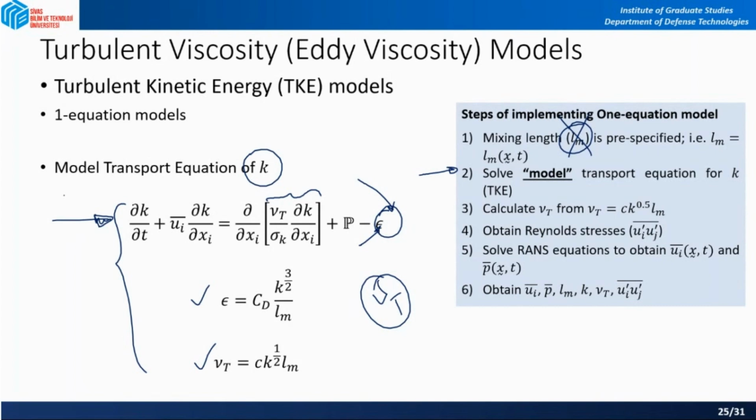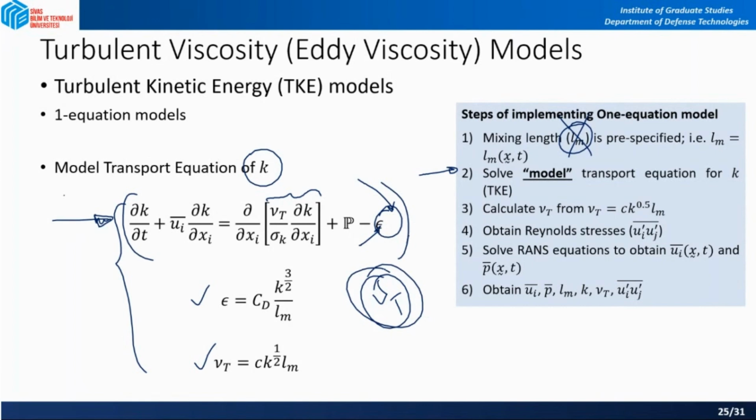This is the k equation, and the epsilon equation you will see shortly. Then you come up with the value for your nu T, the turbulent viscosity, and from there you can calculate the Reynolds stresses.